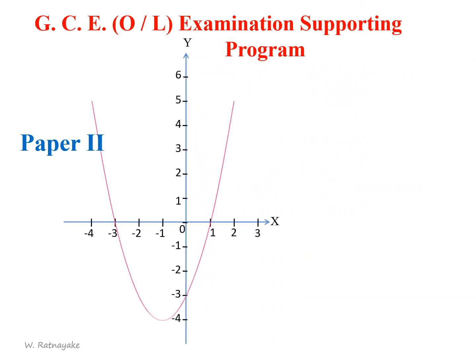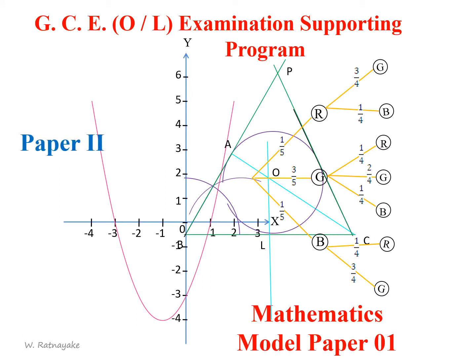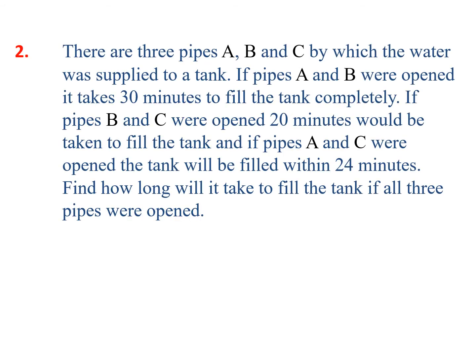By this video, we hope to discuss the detailed solution for question number 2 of paper 2 of the model paper. The question is like this. There are three pipes A, B and C by which water was supplied to a tank. If pipes A and B were opened, it takes 30 minutes to fill the tank completely.